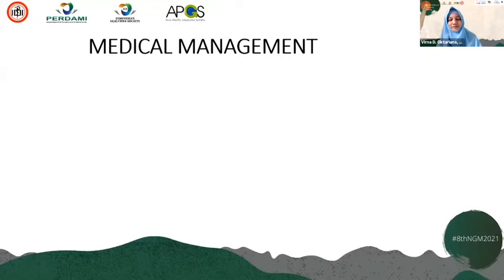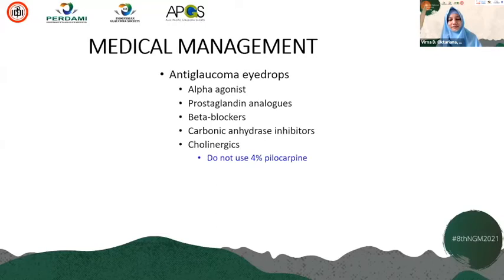So for medical management, we can use the traditional anti-glaucoma drops such as alpha agonists, PGAs, beta blockers, CAIs, and cholinergics. Word of caution here is do not use 4% pilocarpine. We can use 2%, because if we use a higher concentration of pilocarpine, we can induce the lens-iris diaphragm to come forward and aggravate the acute attack.